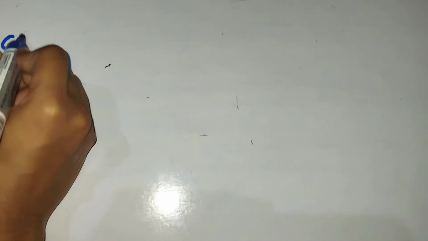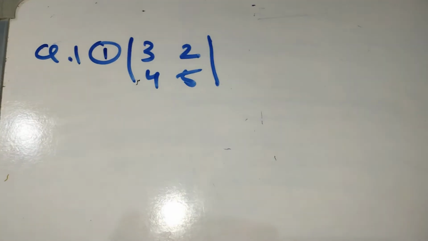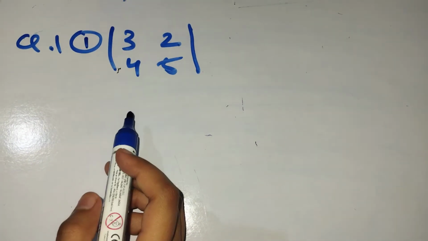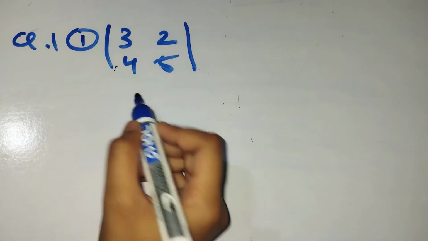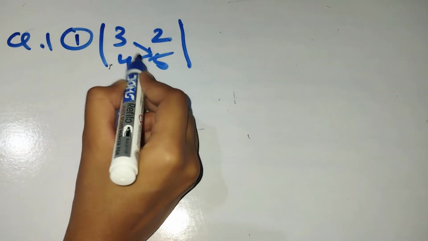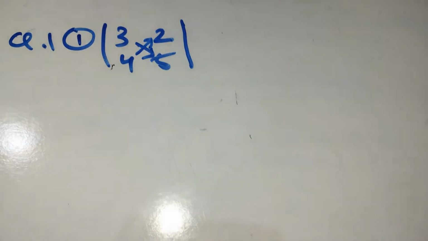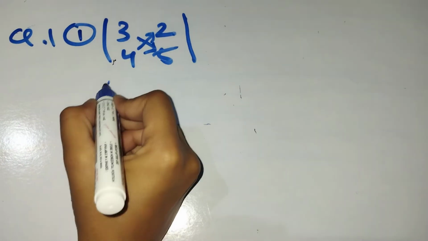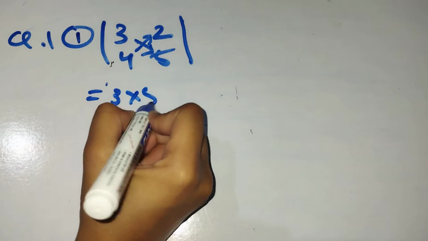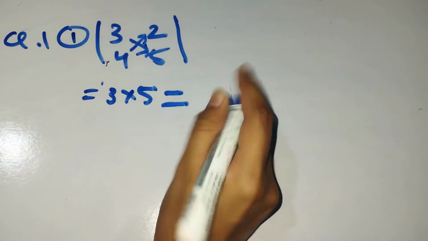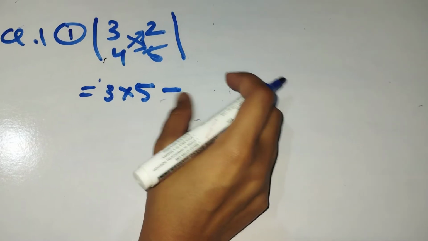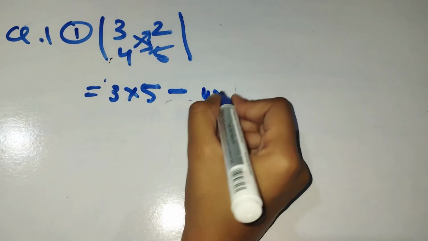The first question is a determinant: 3, 4, 2, 5. How to solve it? Basically you cross multiply: 3 multiply by 5, and minus 4 multiply by 2.